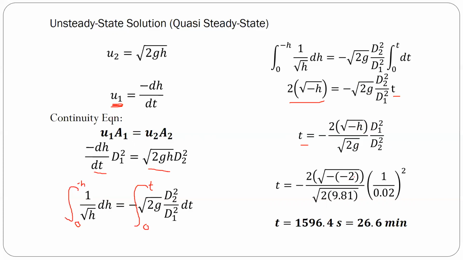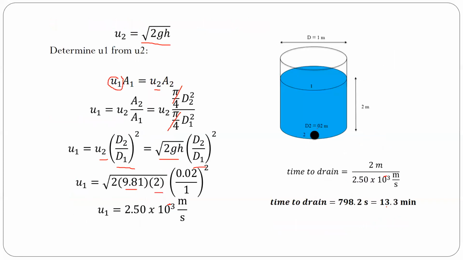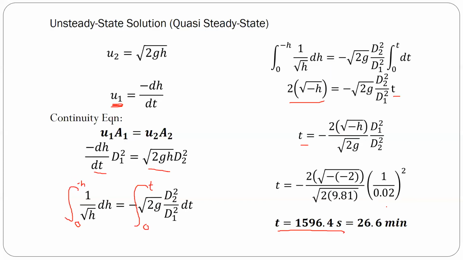So negative of negative 2. D1 over D2 is 1 over 0.02, and g is 9.8. Solving that, we obtain a value of 1596 seconds or 26.6 minutes, which is double the previous answer, 13.3 minutes. Okay, so this should be the more correct approach.